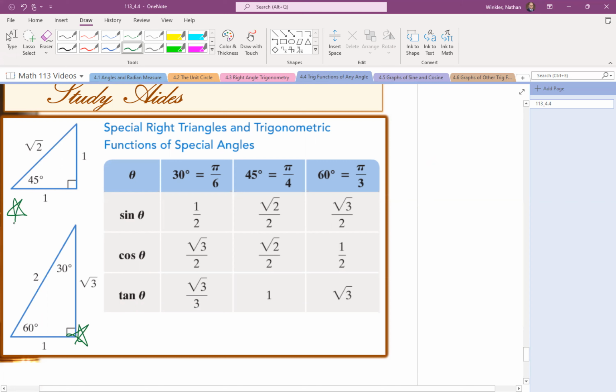My 45 follows this one up here. So sine of 30 degrees, or sine of pi over 6, is 1/2. Cosine of 30 is root 3 over 2. Tangent of 30 is root 3 over 3. Sine of 45 is root 2 over 2. Cosine of 45 is root 2 over 2. And tangent of 45 is 1.